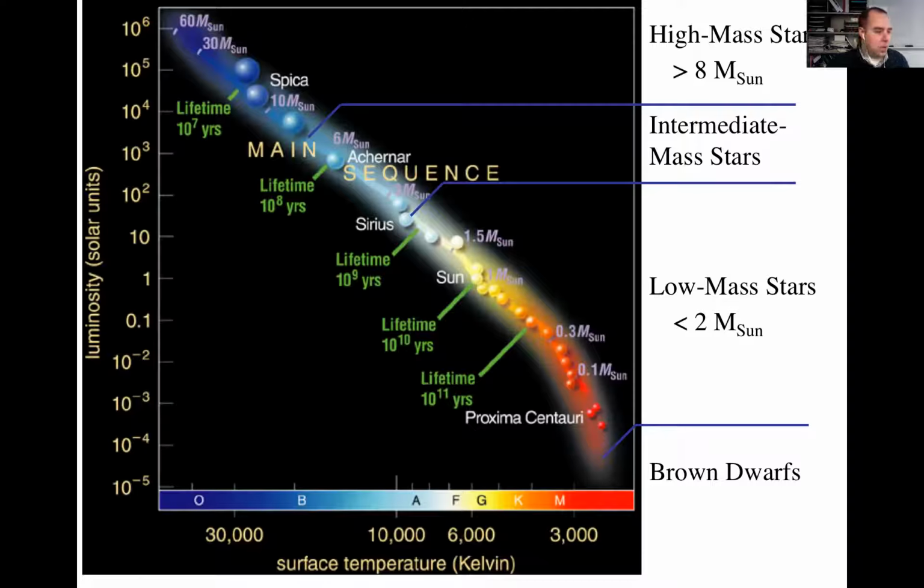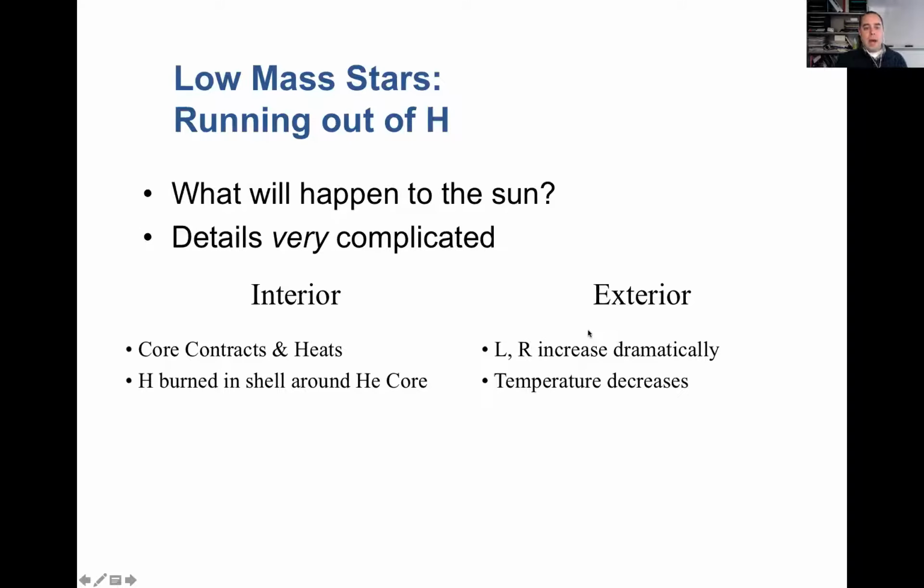Okay, so here we go. Running out of hydrogen. What happens? Star is sitting there, it runs out of hydrogen. What will happen to the sun? The details are very complicated. It takes very large computer programs with huge amounts of physics put in them to be able to say definitively what will happen, or at least a model of what will happen.